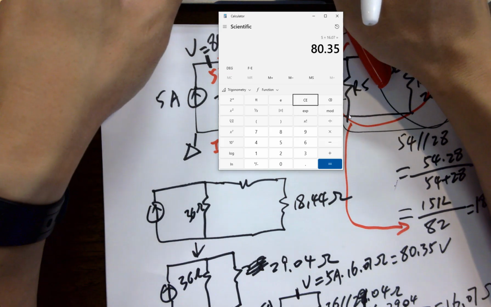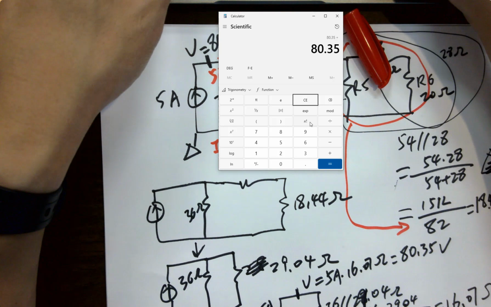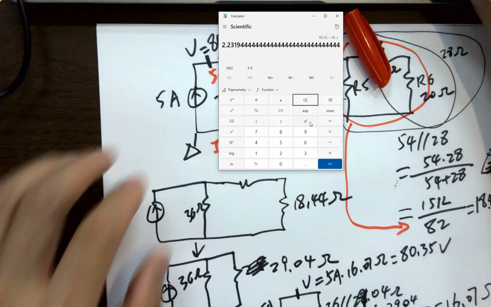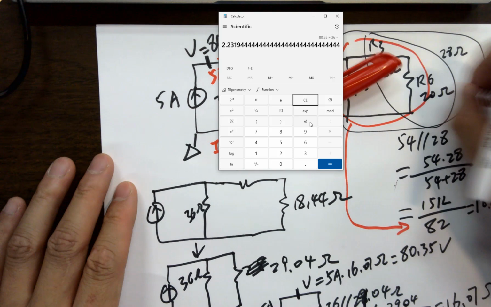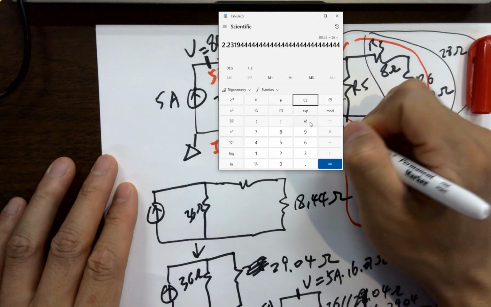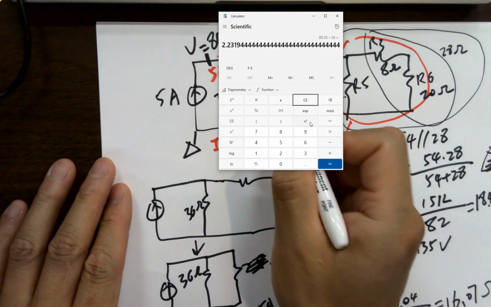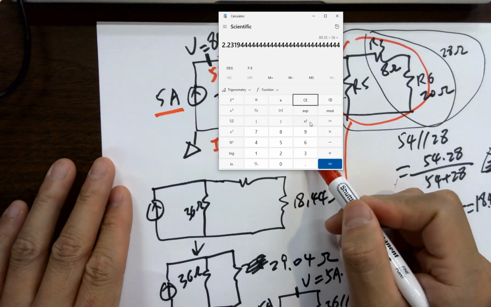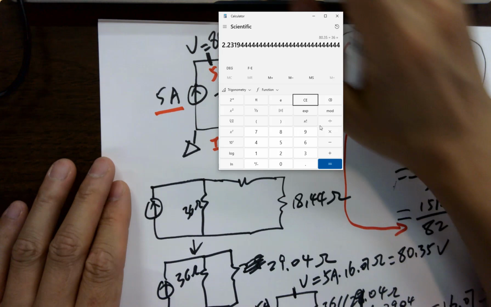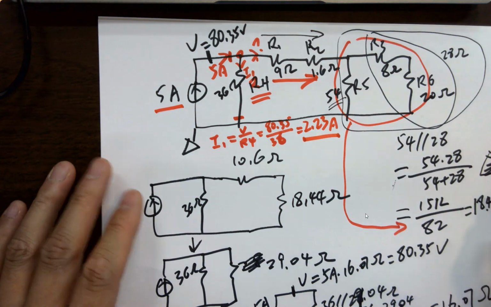This number divided by 36. 2.23 amps. So you can easily calculate the current here by using this divided by, subtract this one. Subtract this from this.